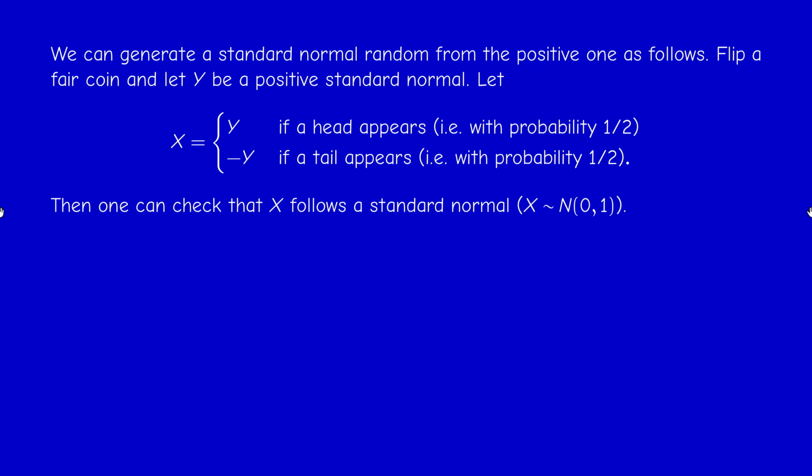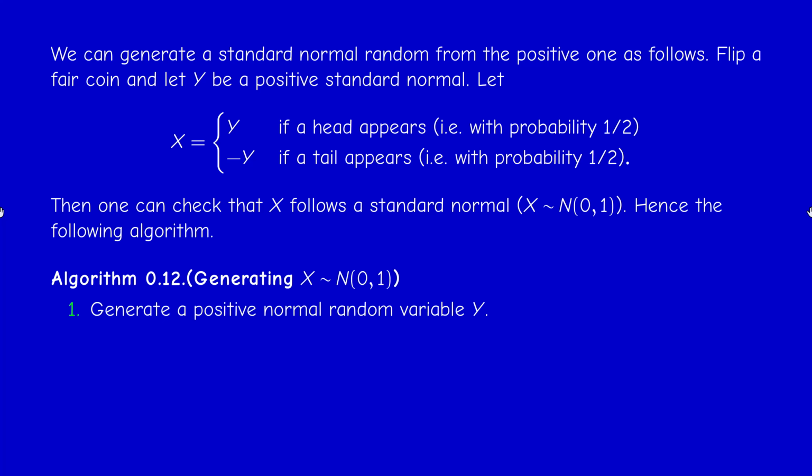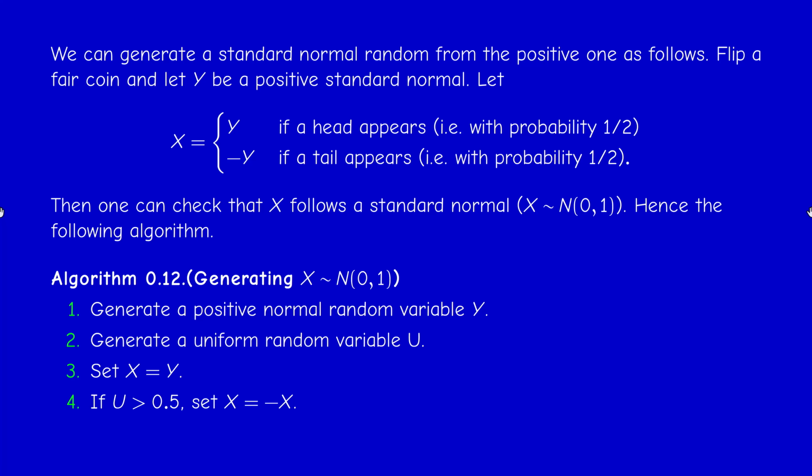Therefore we have the following algorithm to generate a normal distribution. First, generate a positive normal distribution y, then generate a uniform random variable u, and take x equal y. If u is bigger than 0.5, replace x by minus x.